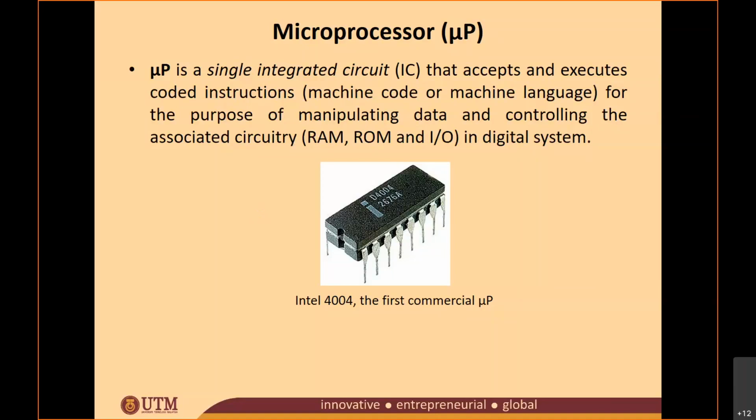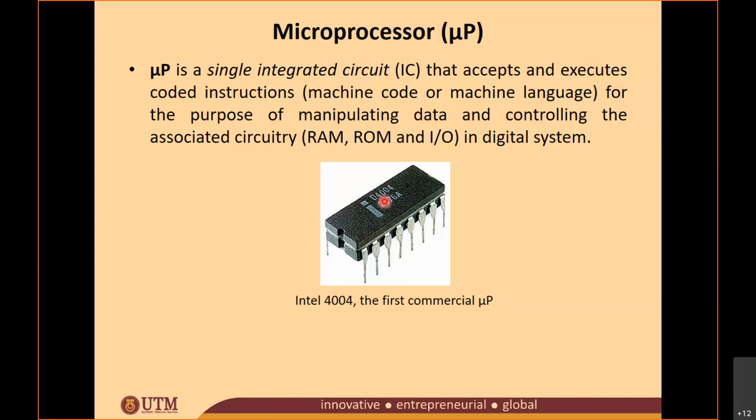Okay, so microprocessor is a single integrated circuit, okay, a single IC. Okay, kalau kamu beli satu IC ni, dia hanya ada microprocessor saja that accepts and executes coded instructions, machine code or machine language, for the purpose of manipulating data and controlling the associated circuitry such as RAM, ROM, input-output in a digital signal.